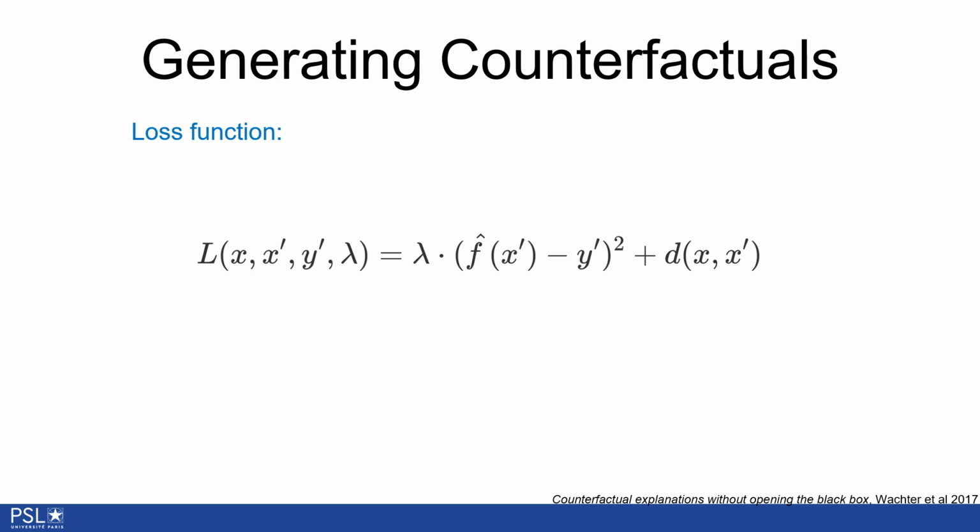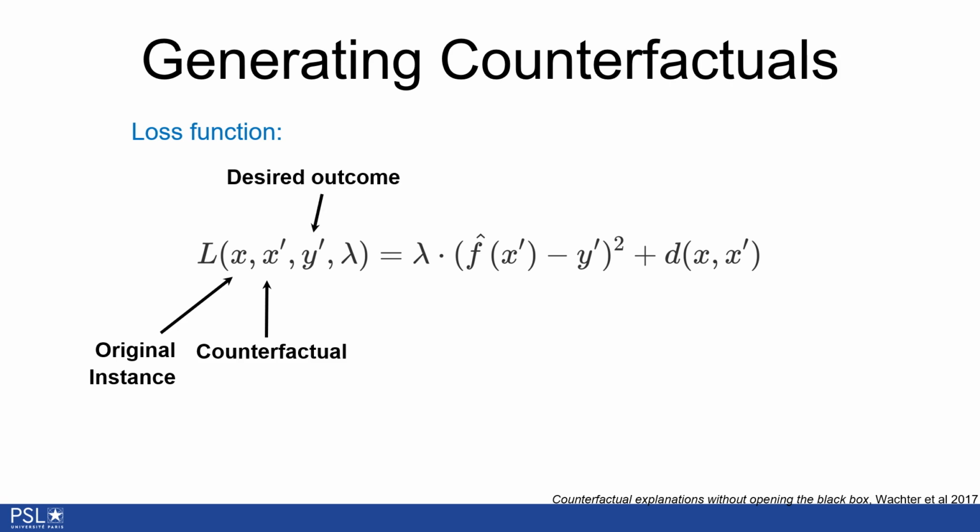Here, L is the loss, X is the original instance, X prime is a counterfactual instance, Y prime is the desired outcome of the black box model, and lambda is a parameter. X and Y prime are inputs to the algorithm, and X prime, the counterfactual, is the output, which is obtained by optimizing the loss function.